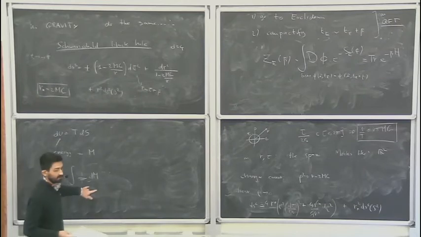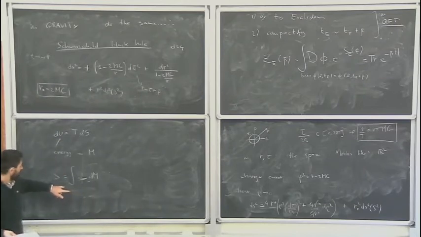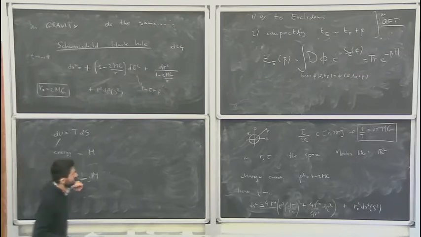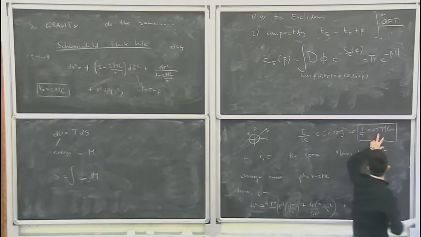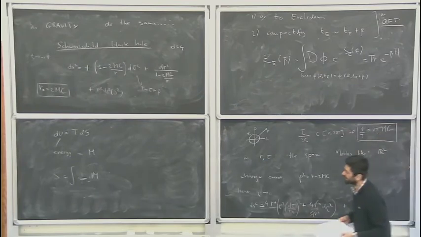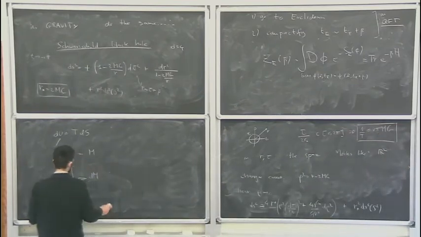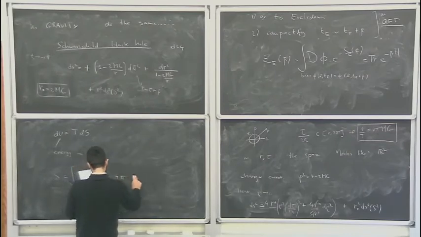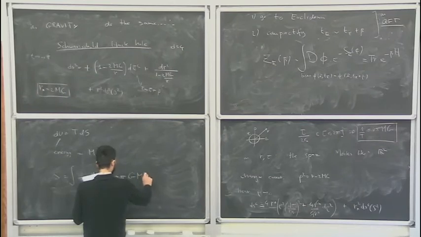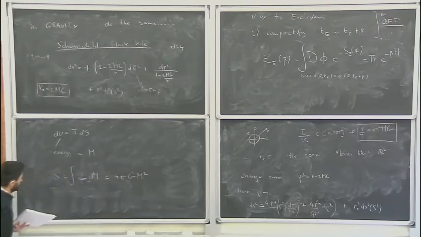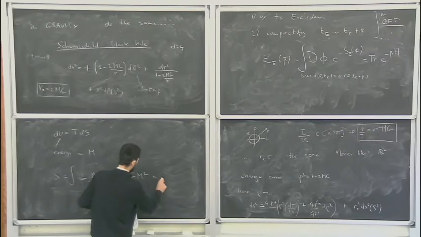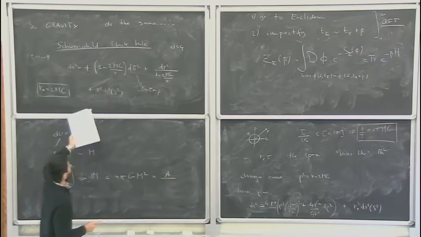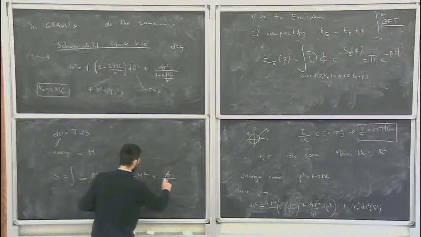And so I have just to integrate that. And of course, I cannot pull out T here and get something wrong, because I know that T is inversely proportional to the mass itself. So I have to do this integral. And if I do the integral, I get 4 pi G M squared, which you can check by doing a trivial exercise, that's equal to the area of the horizon divided by 4G.